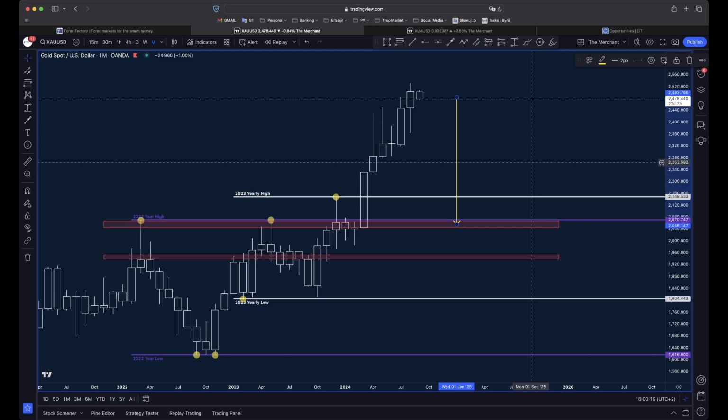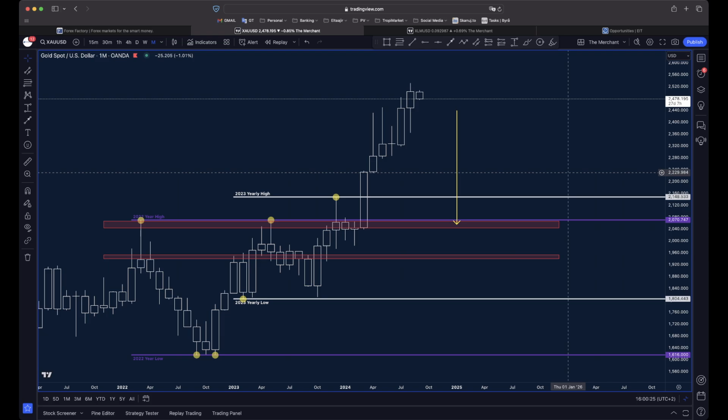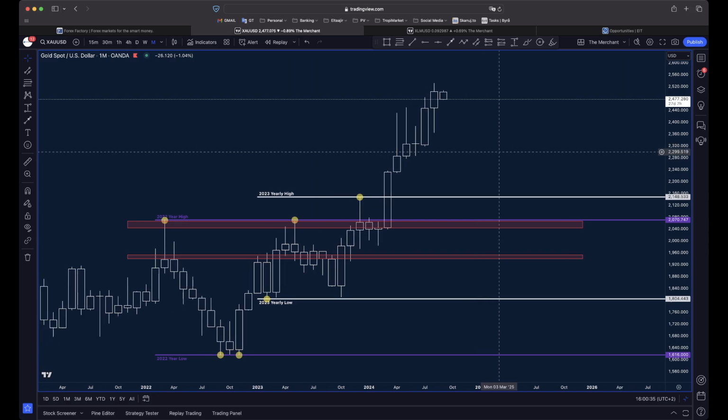If we see Trump winning, I believe we might see this scenario come into play, that gold will move down to the $2,000 area. Keep that in mind. We might get back to it by end of this year.